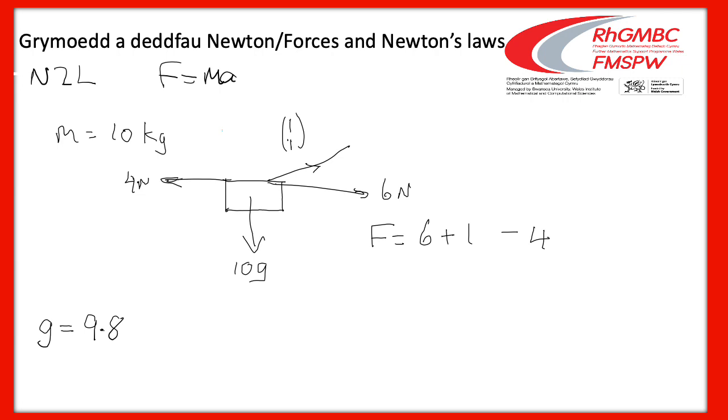So what I'll get is an acceleration in that direction. I've got a force acting forward of 3 newtons, and a force acting up of 1 newton as well, but the acceleration will be that way. So 3 is going to be equal to 10a. So clearly a is 3/10 meters per second squared.